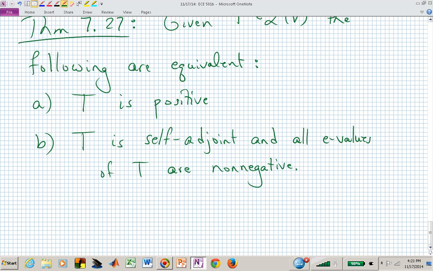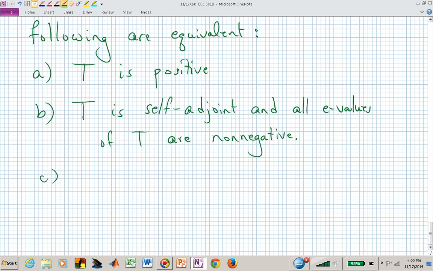So if somebody asks, is that operator T positive? And you go, I don't know, but I know the eigenvalues and I know that it's self-adjoint, and if all those eigenvalues are non-negative, you can say, oh, that operator is positive, because all of these statements are equivalent. Another one that's equivalent to A or B is C, which says that T has a positive square root.